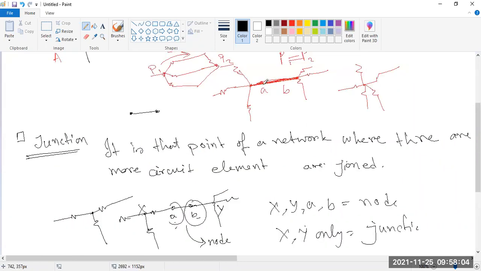But here, equipotential point, so you can say in between, say there is, look, circuit elements are also joined by these limbs. But what happens? This is a two-point equipotential point. So it is called a node, but you can't say this is a junction.